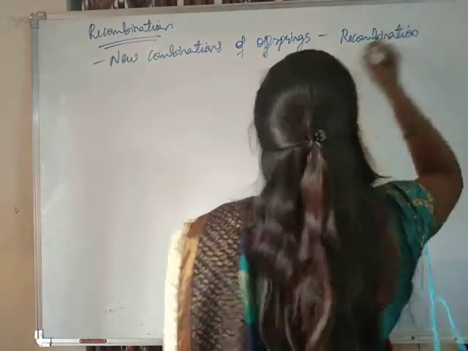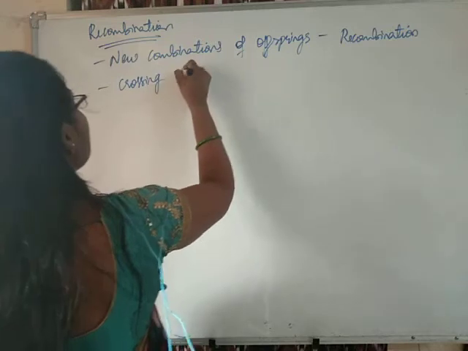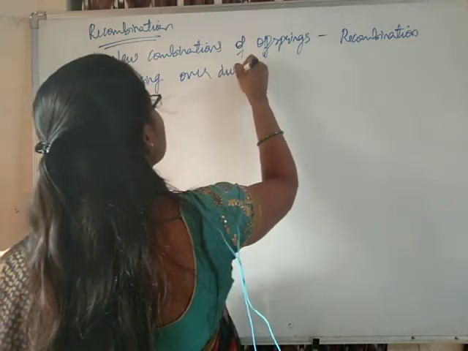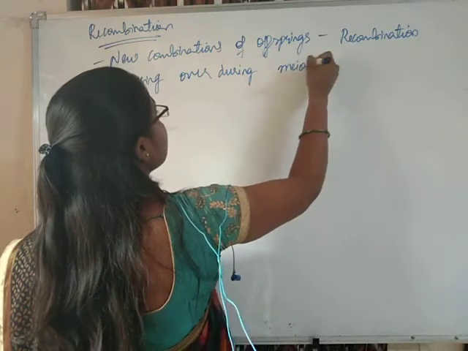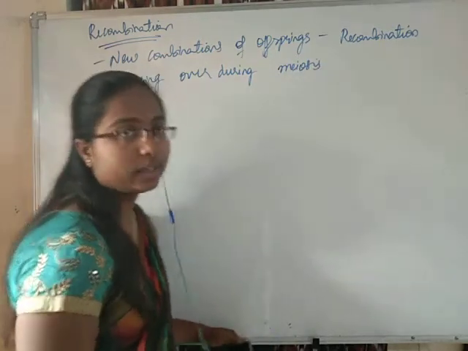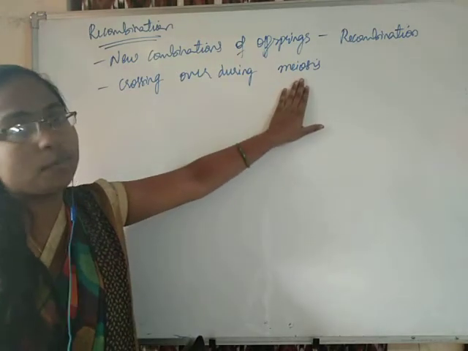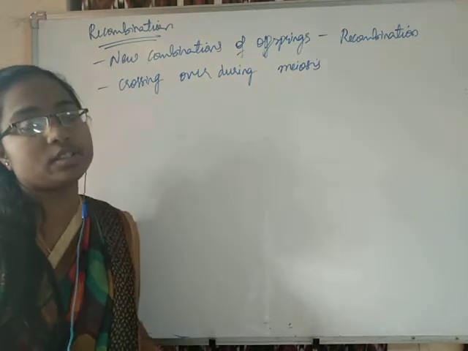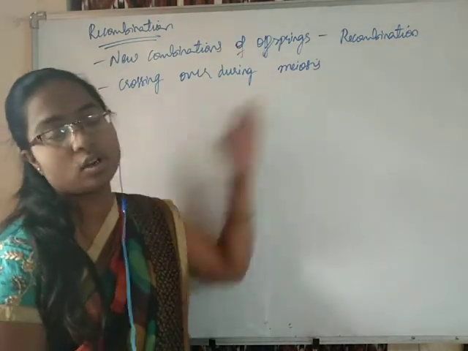Recombination is occurring due to crossing over during meiosis. Recombinations are occurring because of crossing over during meiosis.